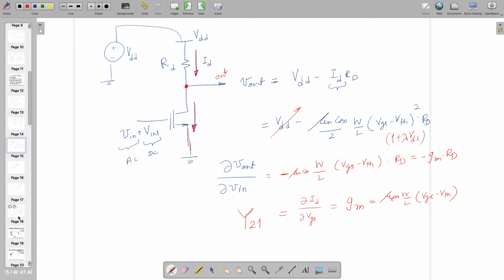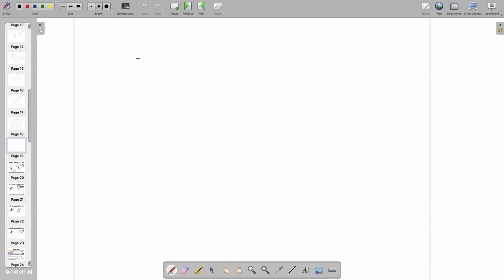By the way, there are a few more names of channel length modulation resistance. Some books are writing R0, some books are writing RDS. Both are same, by the way. Behzad Razavi is following R0.